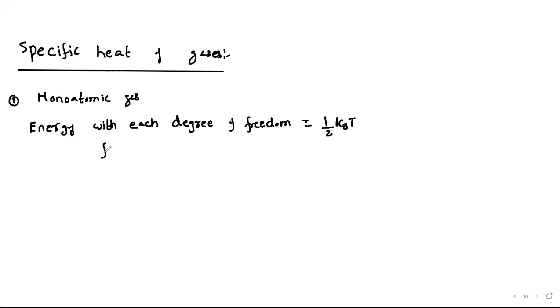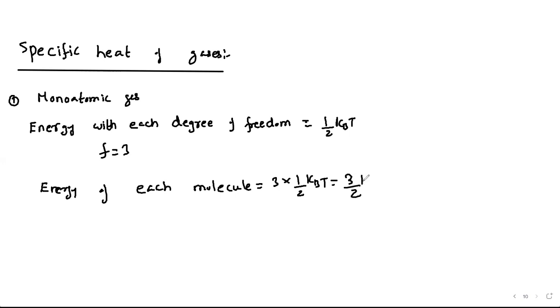For a monoatomic gas, you have 3 degrees of freedom. So the energy of each molecule is 3 into half kBT. So this comes out to be 3 by 2 into Boltzmann's constant into temperature. This is the energy of each molecule.